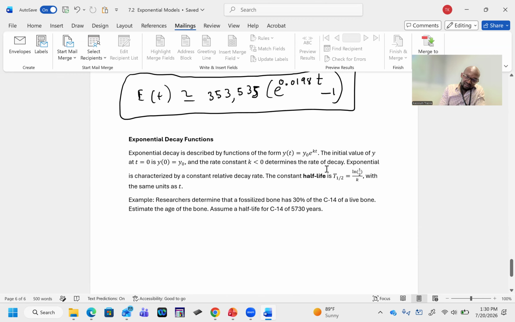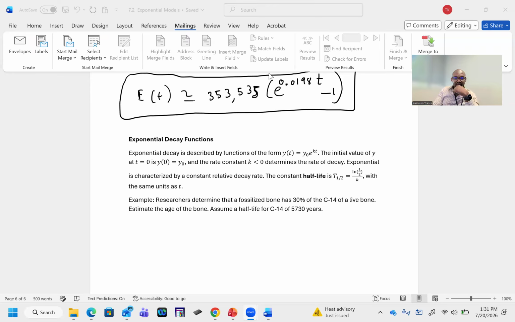Determine the rate of decay. So exponential decay is characterized by a constant relative decay rate. The constant half-life is t half equals ln of 1/2 divided by k, with the same unit as t. So that's for the exponential decay.